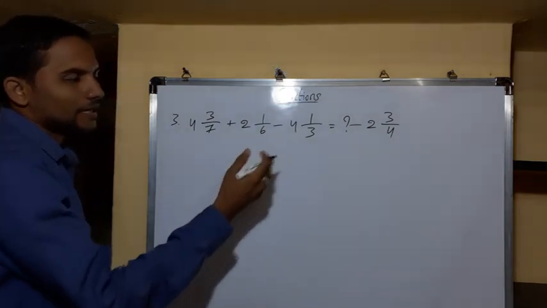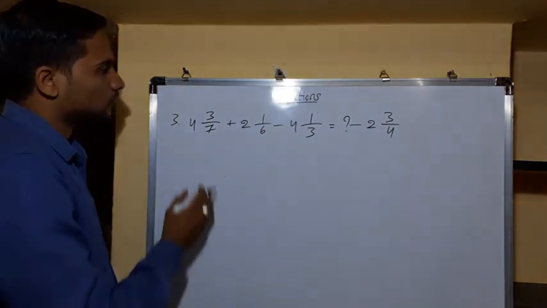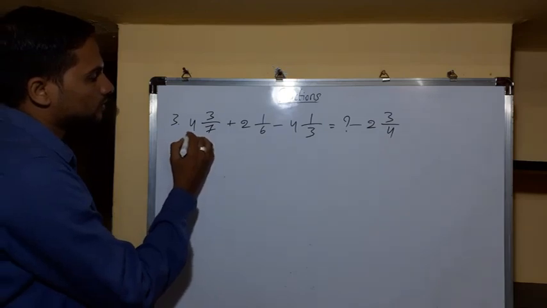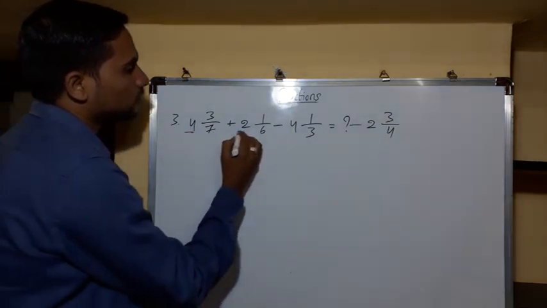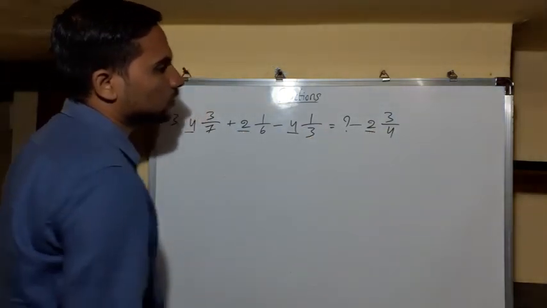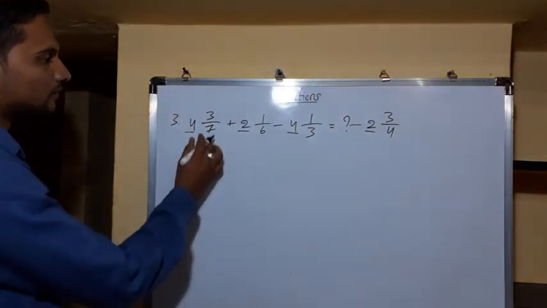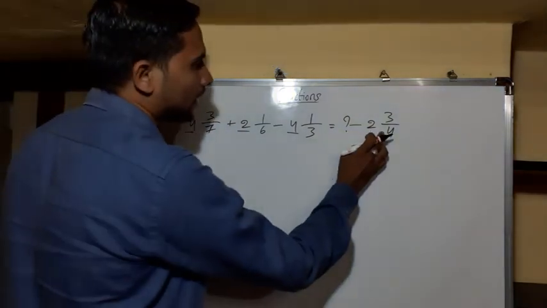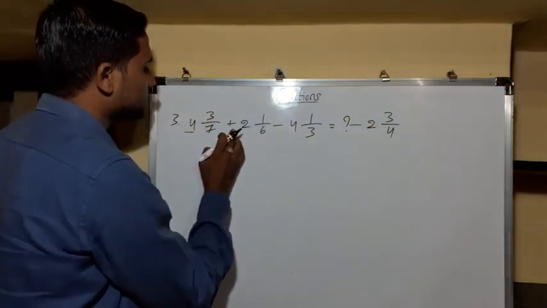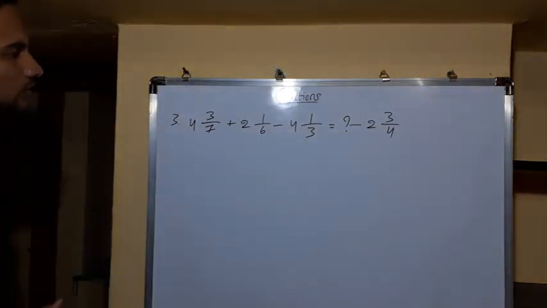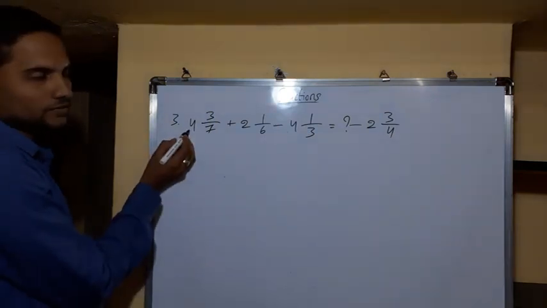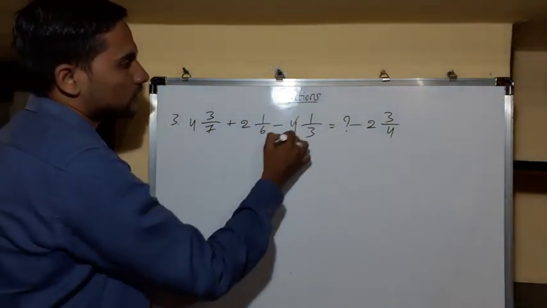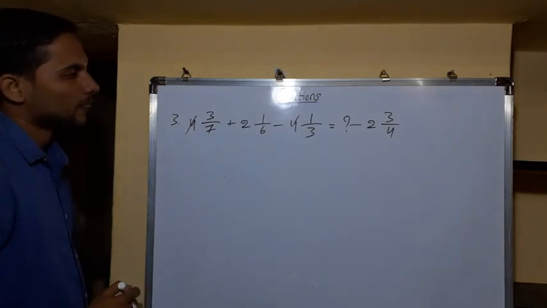So for this again I am not going to waste one more step, right? So what I will do, I will just make a group of this 4, 2, 4, 2 in one bracket and this fraction terms in one bracket, right? So directly I am going to do, just pay attention friends. So now see here friends, this is plus 4, this is minus 4, so cancel this here itself, right?